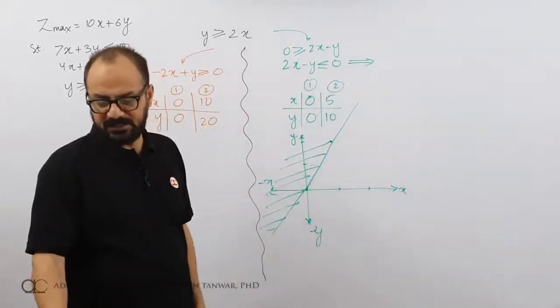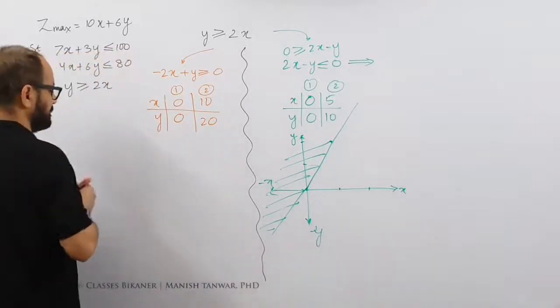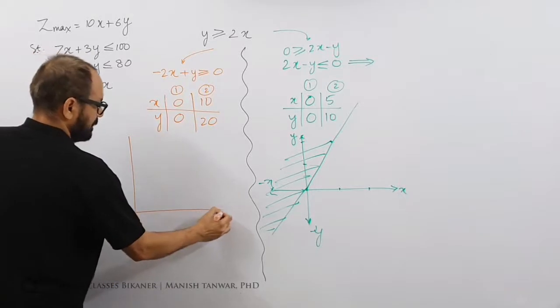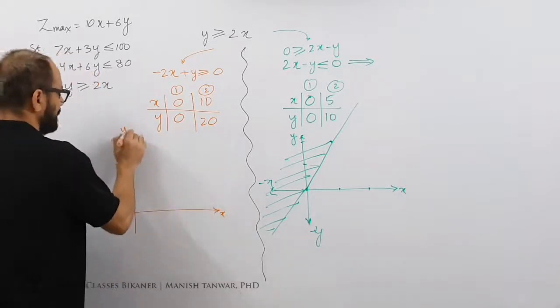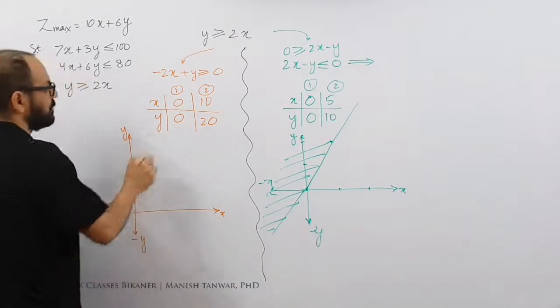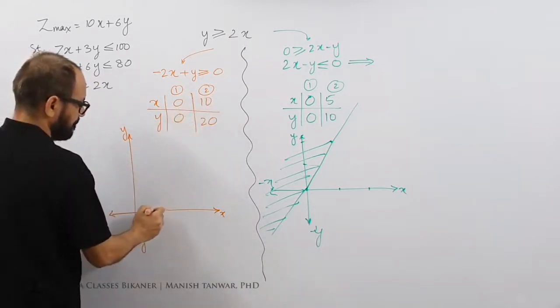Now, if there is still some confusion, let us talk of this. Let us take plus x, plus y, minus x and minus y. We have 10 and 20 this time.